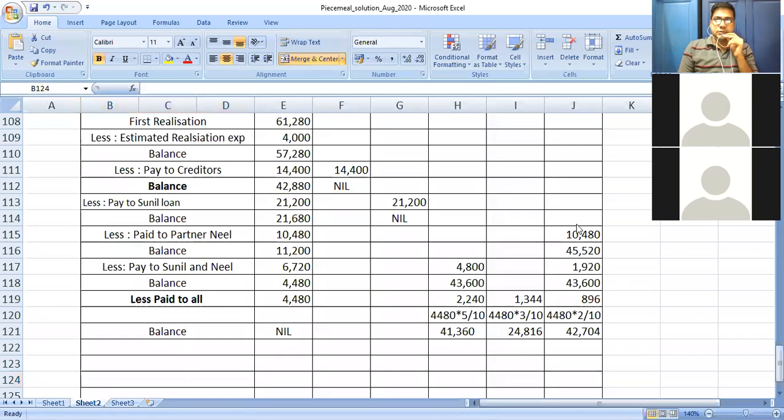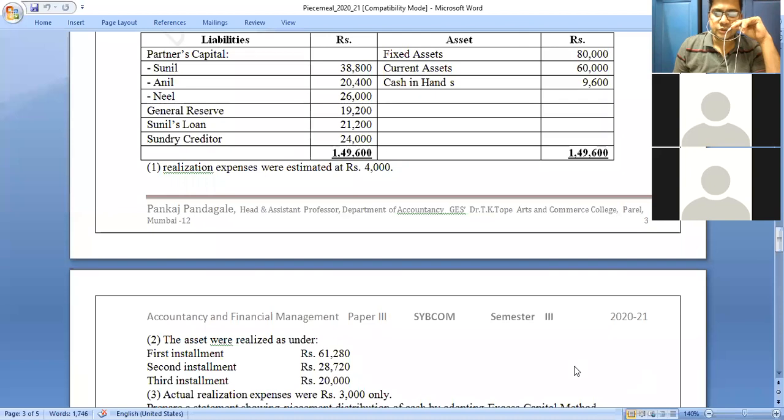Now, friends, we studied some objective questions also. In the last lectures I told you to write all the objective questions and try to solve them also.